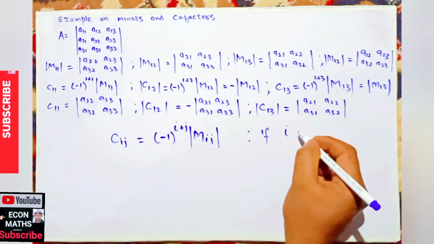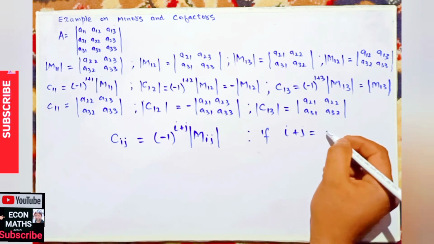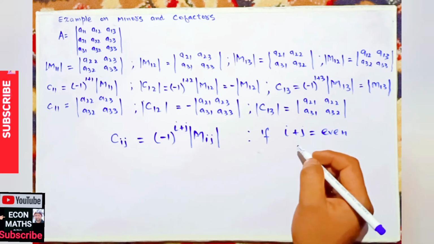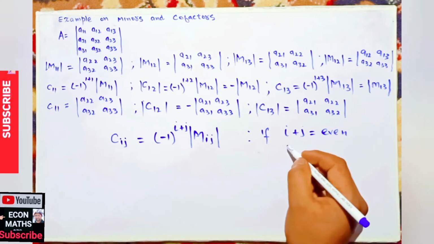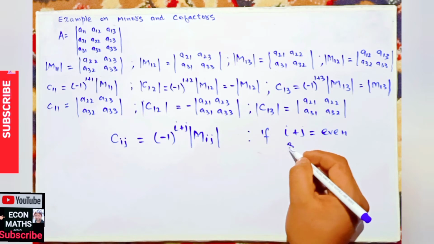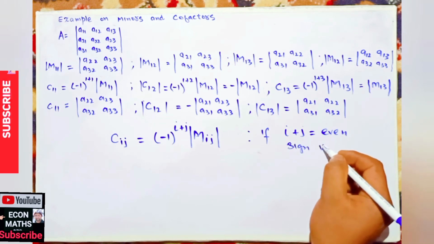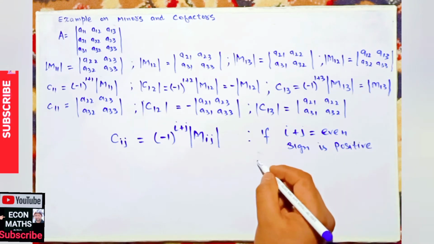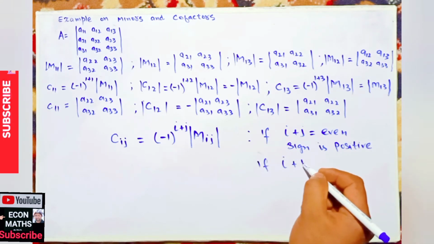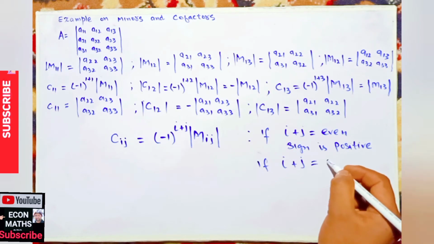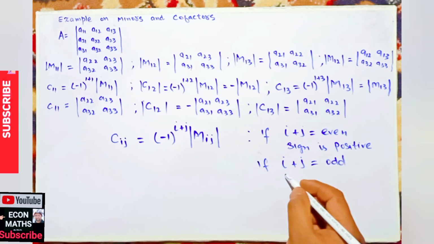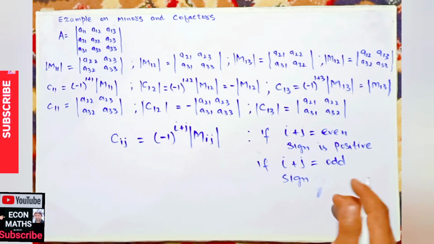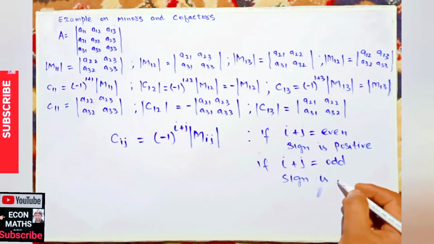If i plus j is even, then the sign of the cofactor is positive, and if i plus j is odd, then the sign of the cofactor is negative.